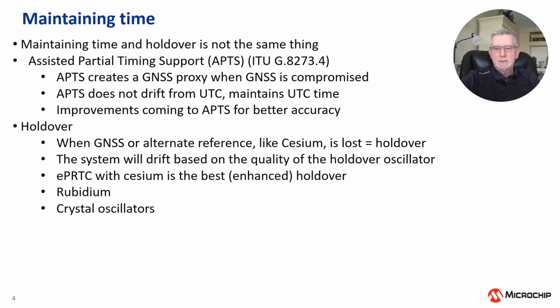The APTS technology allows us, if the receiver at point B loses its reference from GNSS or GPS, to maintain UTC traceability at point B by using asymmetry calibration techniques on PTP flows between those two devices.